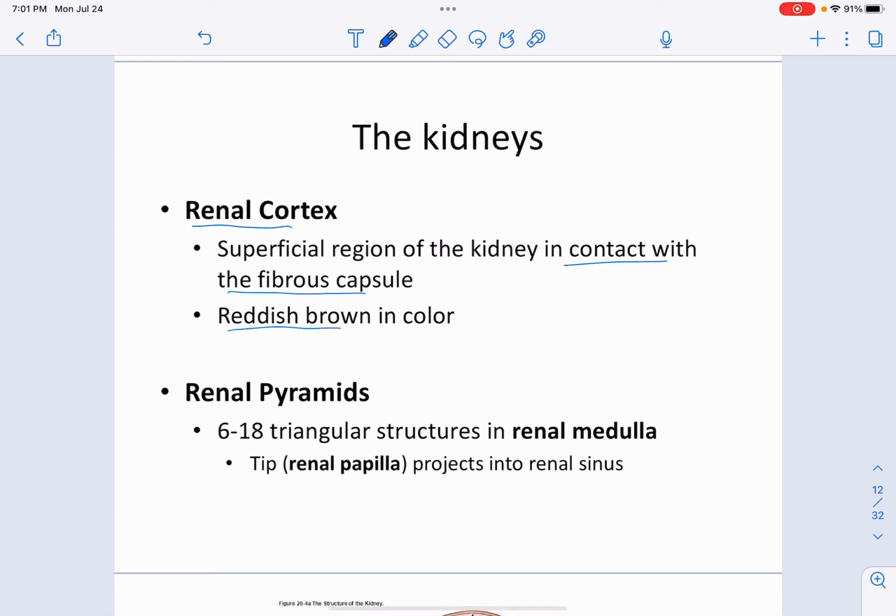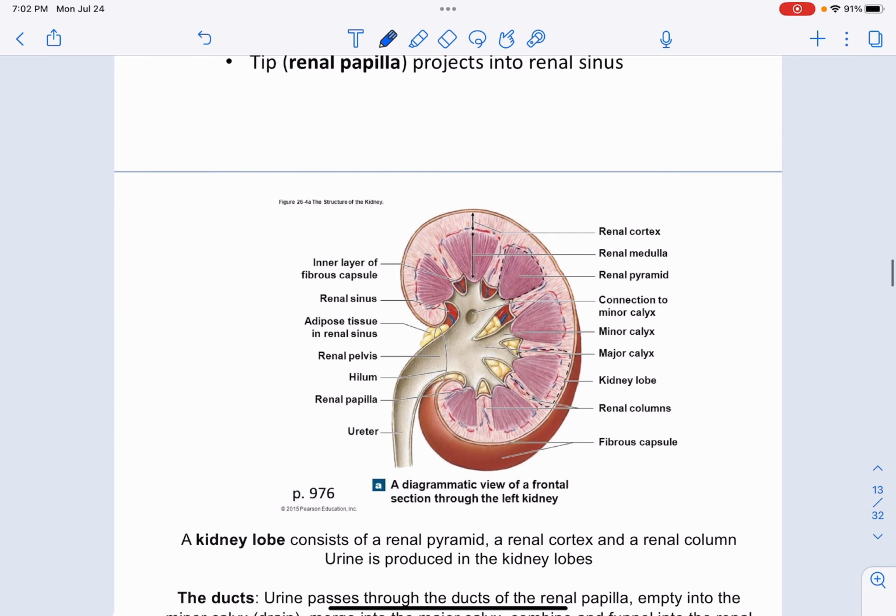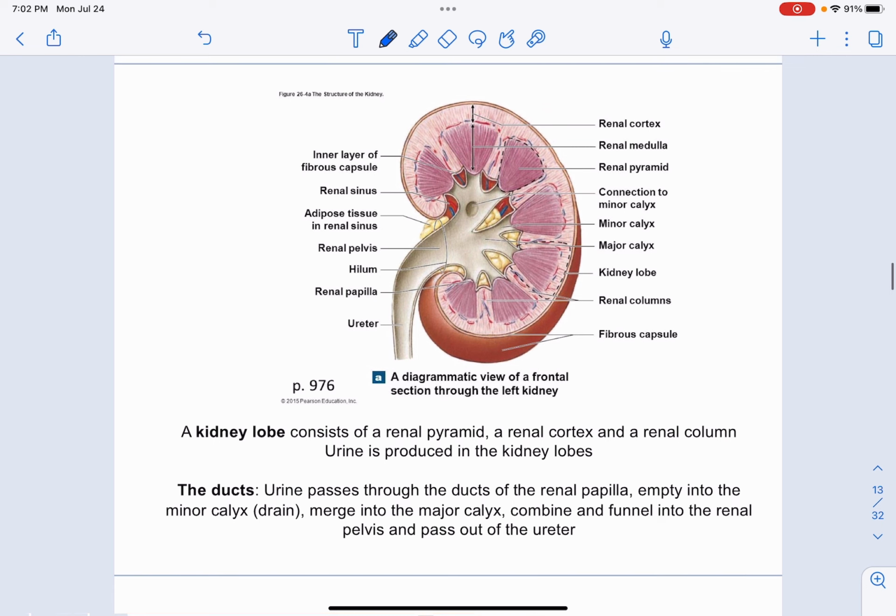It is reddish brown in color. The kidneys are made up of a series of renal pyramids, anywhere from 6 to 18 triangular structures located in the kidney. And I think it's best to work off of a picture so I can show you all of the structures that make up the kidney.